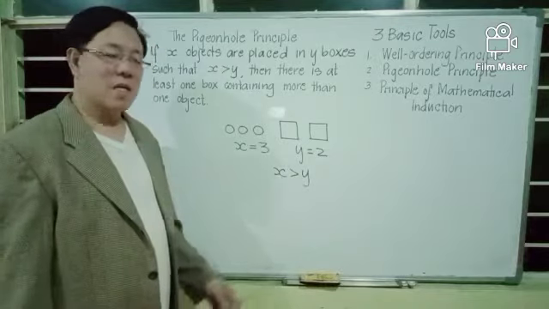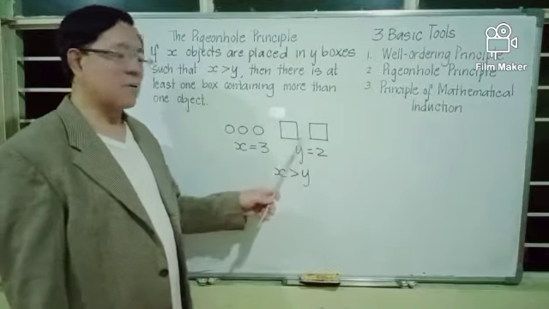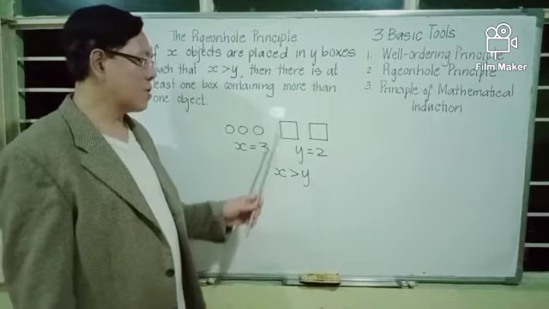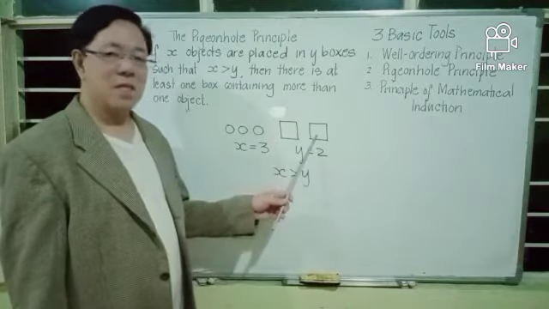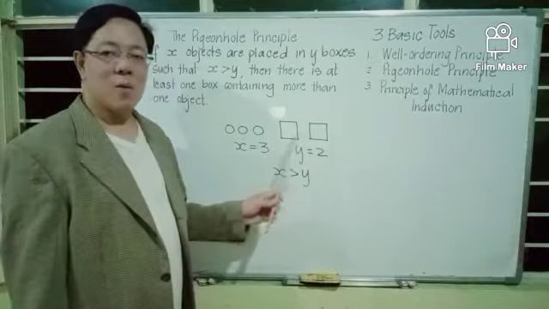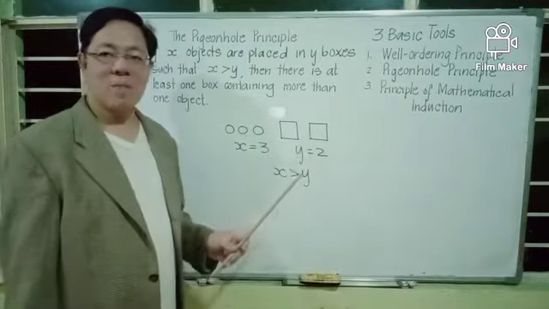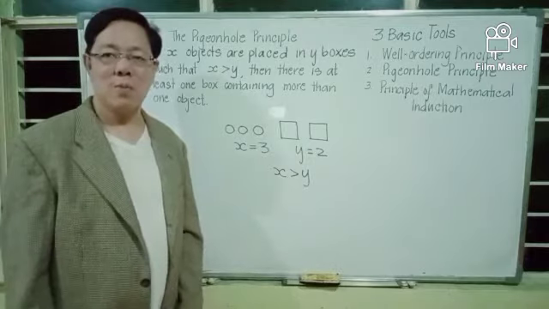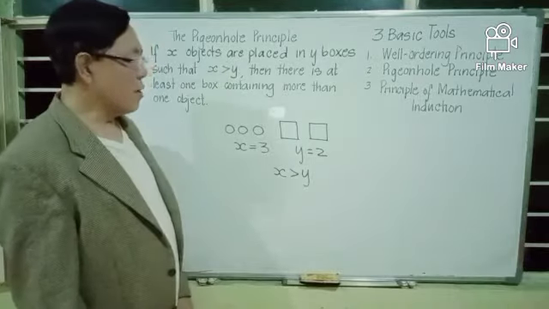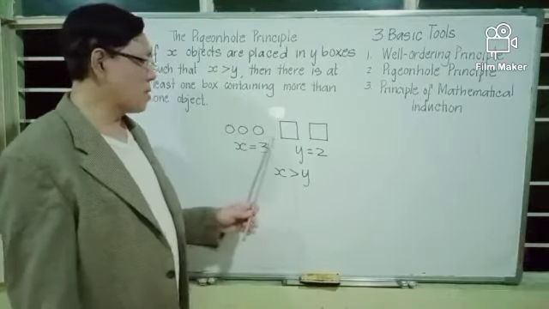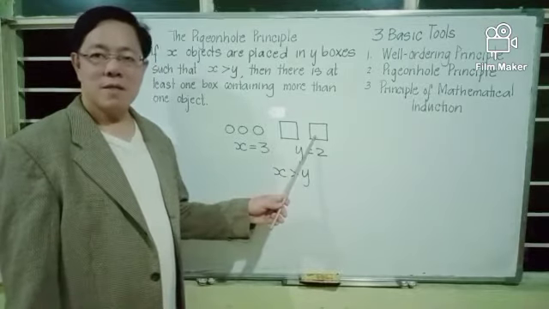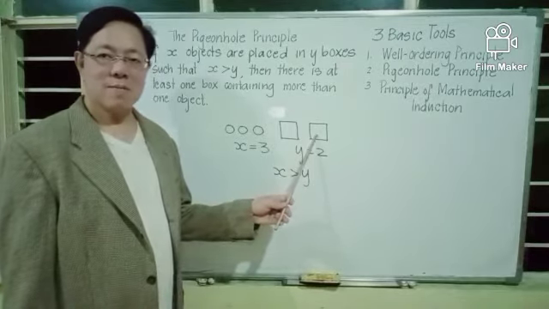One possibility, if we place 1 marble in each of these 2 boxes, then the remaining 1 marble has to be placed in this box or in this box. Hence, if both boxes have to contain marbles, one of these 2 boxes will contain 2 marbles. Or we can place all the 3 marbles in the first box and nothing in the second box.